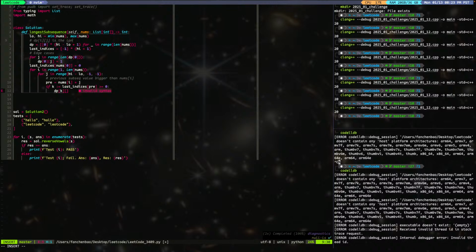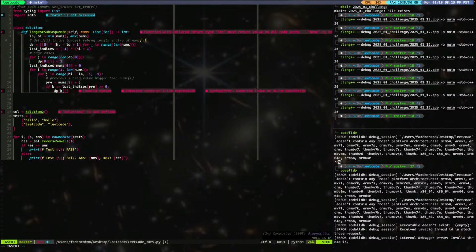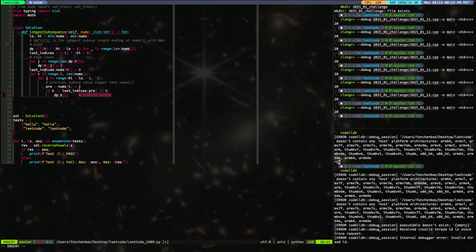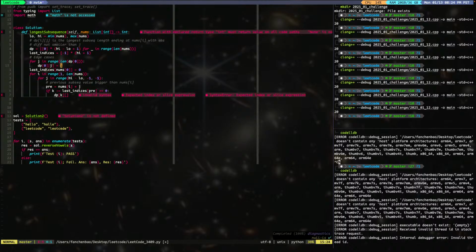Is the longest subsequence length ending at nums i with absolute difference not smaller than j. Okay, previous subsequence bigger than j.